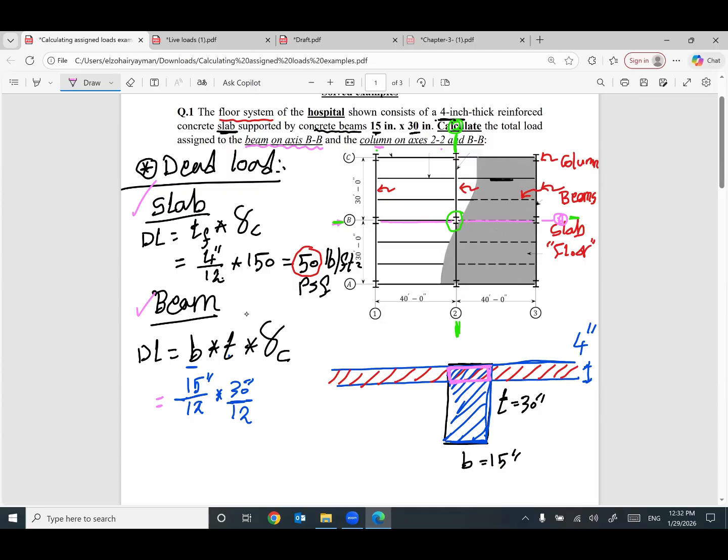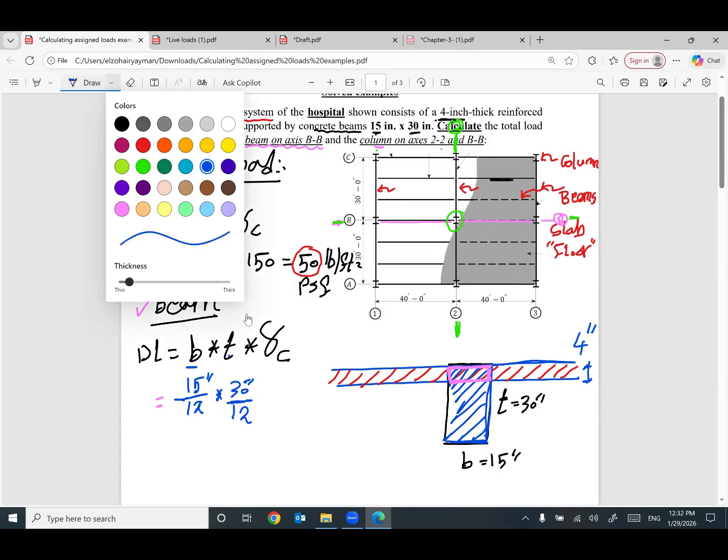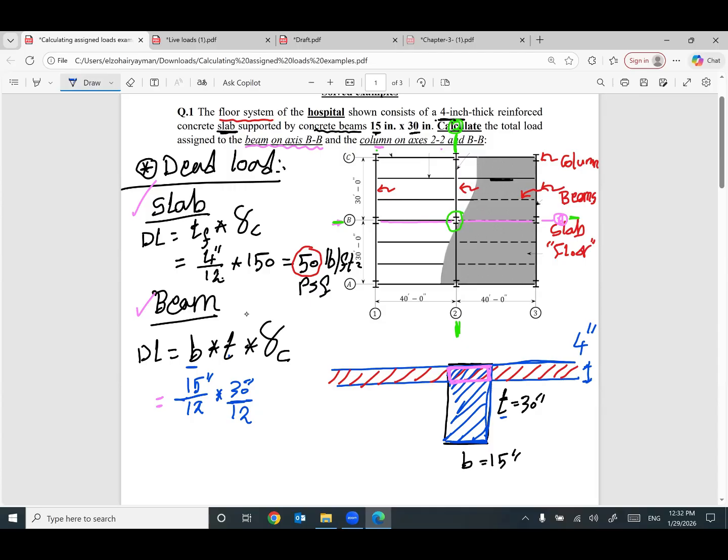So what should I do? It's very simple. Just go ahead, the T of the beam will be considered only this part, which is 30 minus 4, 26 inch. Why did you do this? Because I don't like to count this part two times, one with the slab and one time with the beam. So I will consider this 30 as 26.